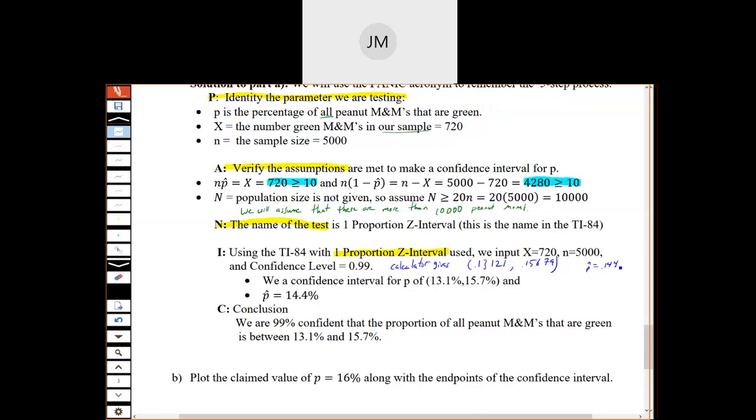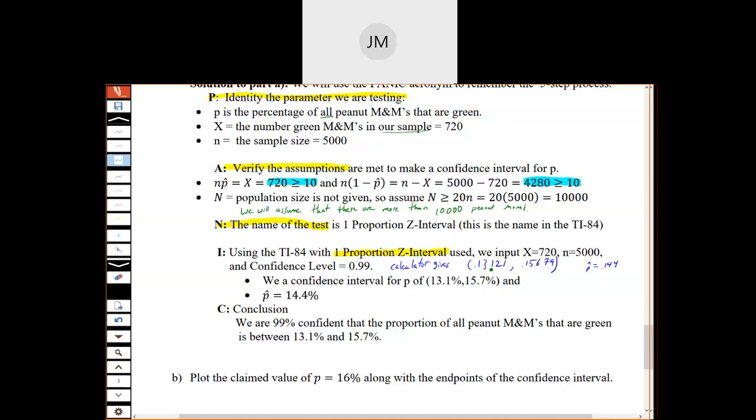Okay. What I'm going to do when I write this down is two things. I wrote down the decimals, but first, we're going to convert that to a percentage. I convert decimals to a percentage by moving the decimal over two places. So this 0.13121 would be 13.121. And then we'll just round to one decimal place. In a problem you'd be told how much to round to, but here we're just going to round to one decimal place.